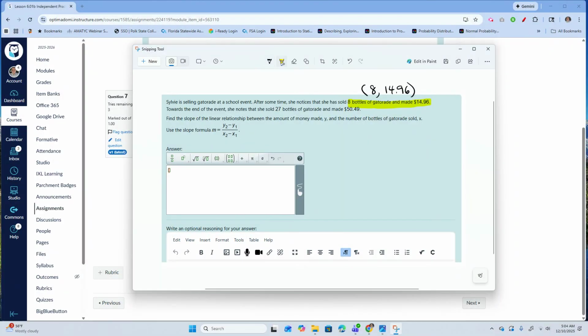And then I'm going to find out who's my second point. So I'm going to keep reading. And when I kept reading, I noticed here, she notes that she sold 27 bottles of Gatorade for $50 and 49 cents. And right there, that is your second point. So 27 bottles of Gatorade, she made $50.49. And there's your 2 points, okay?